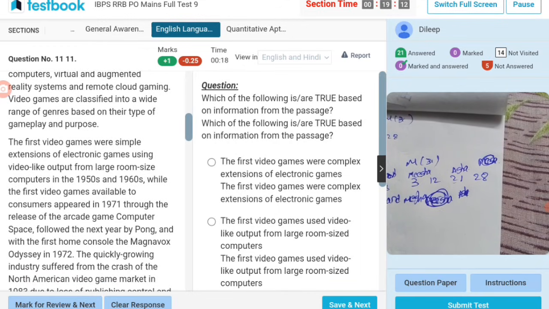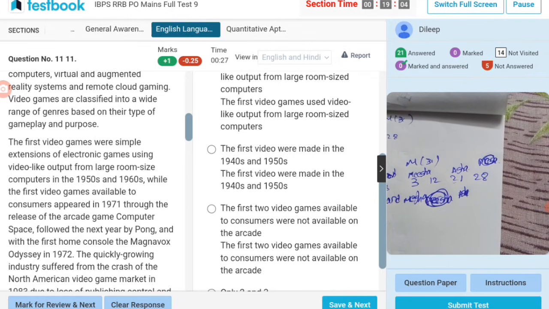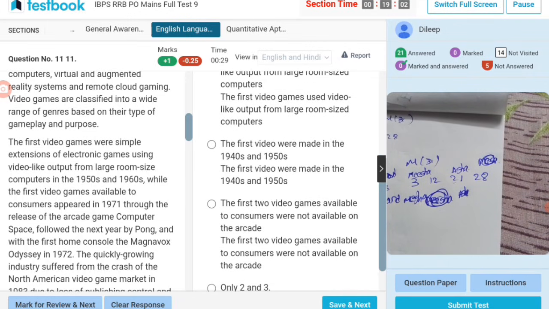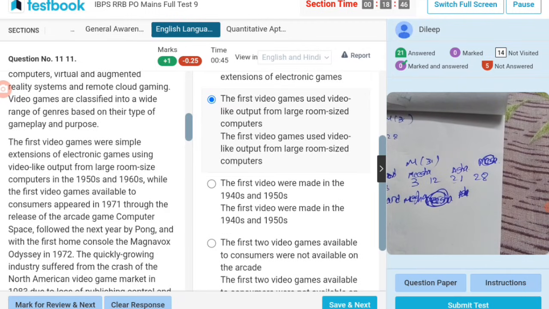Simple extensions. Video like output from large sized computers. The first video games made.